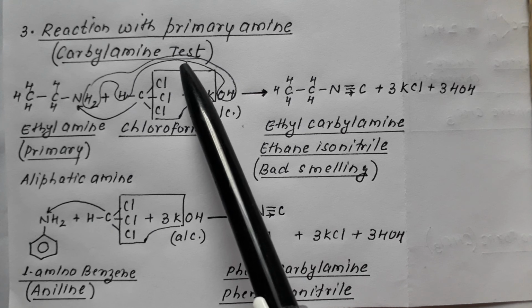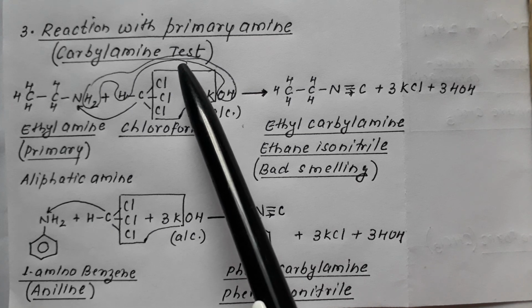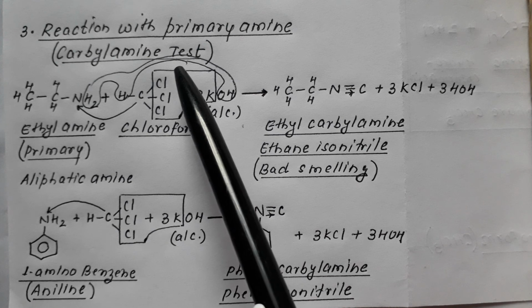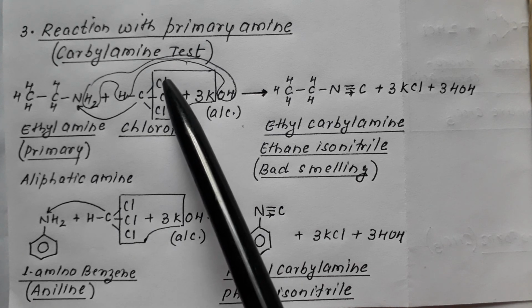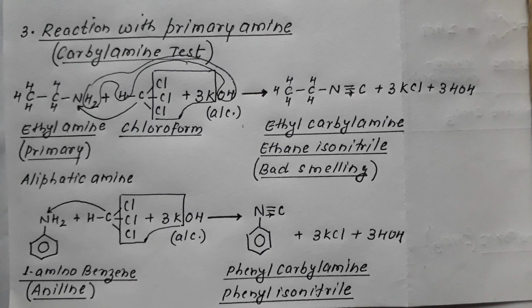Why is it called the carbylamine test? This is because the end product is carbylamine. The product of this reaction is carbylamine, therefore it is termed the carbylamine test, given only by primary amines.